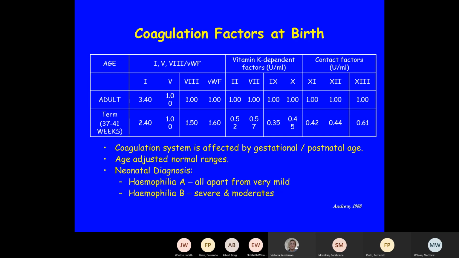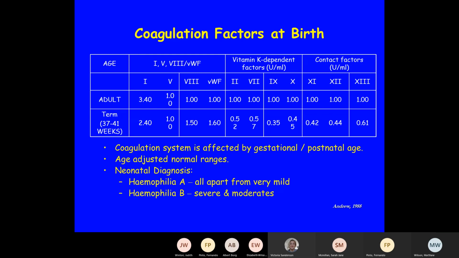They're lower than the adults. So, for example, the factor 2 is 50%, the factor 7 is 50%, and the factor 9 is 30%, 35%, and so on. And all that improves with age at different rates for different factors. And it is different if it's a preterm as well, but we're only showing that.